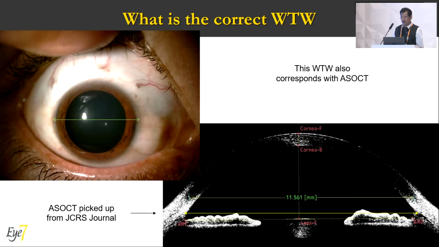So I would recommend, even now when you're using your calipers, use the real outer white to white. The time has gone when you're using clear to clear. The time has gone when you're using mid to mid. The time has come when you're going to use outside to outside, because that is the metric which is going to match your OCT white to white.